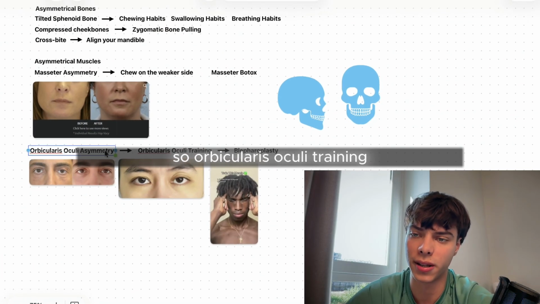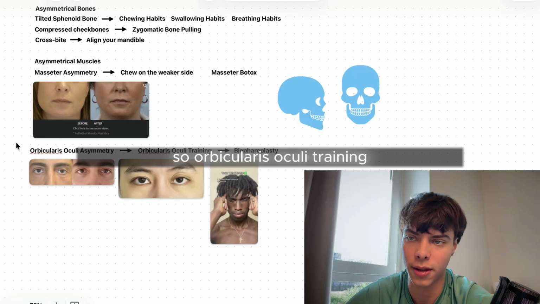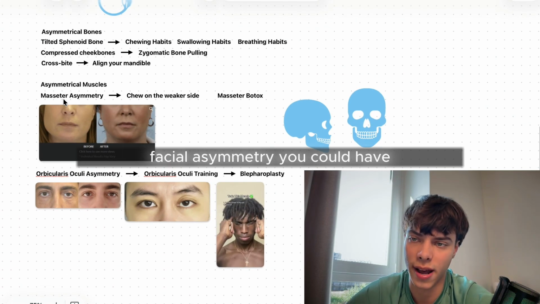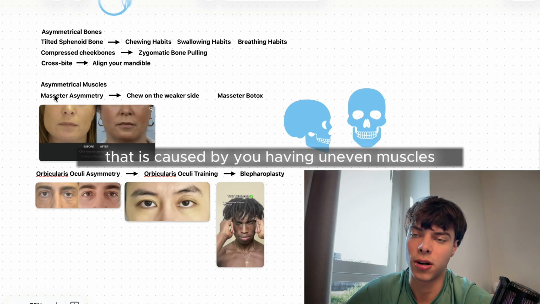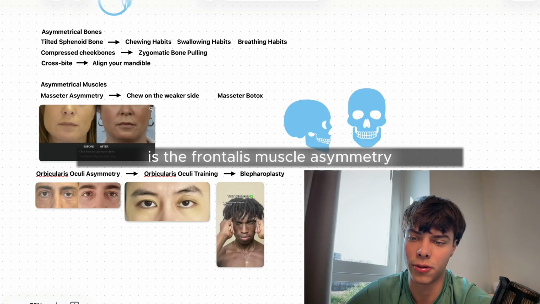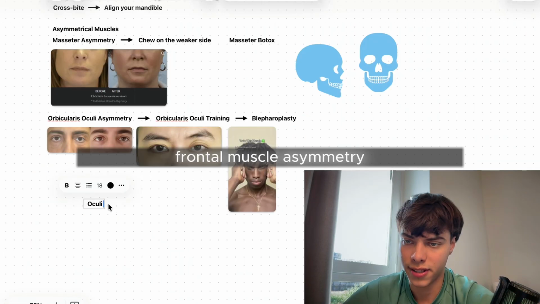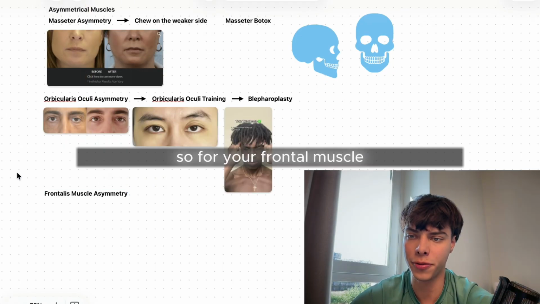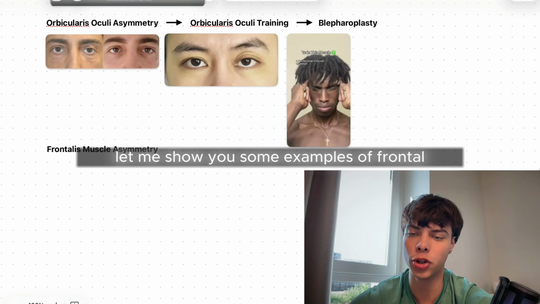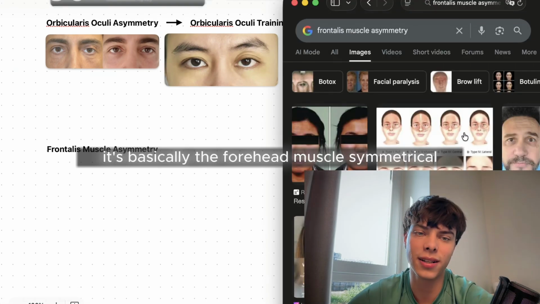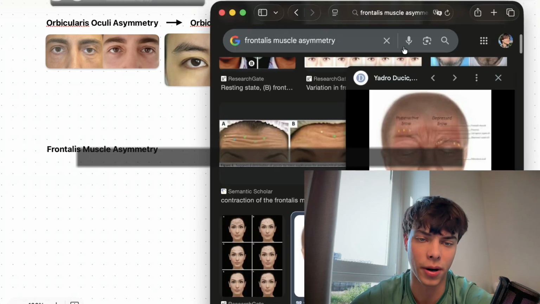So, orbicularis oculi training. The other facial asymmetry you could have that is caused by uneven muscles is the frontalis muscle asymmetry. For your frontalis muscle, let me show you some examples. It's basically the forehead muscle, asymmetrical.